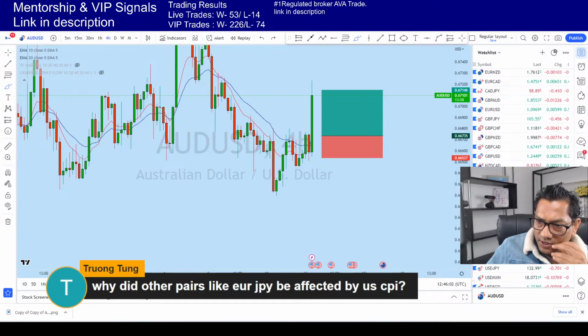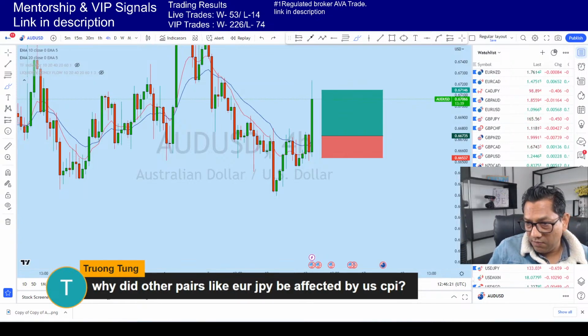Okay, we see that with the GBPUSD, CPI rose by 0.1% in March as compared to the 0.4% recorded in the previous month, and 0.3% was anticipated.